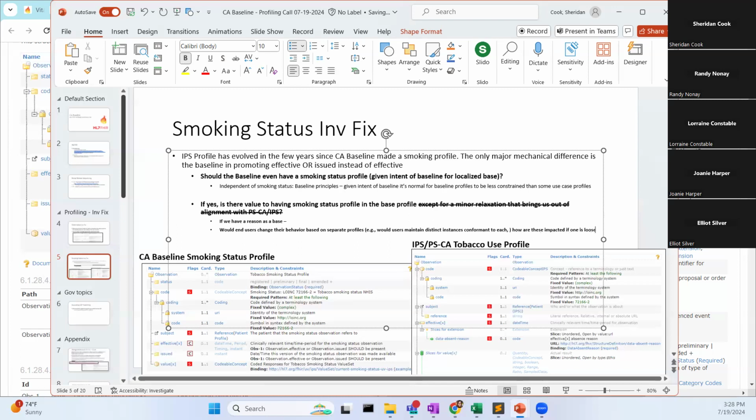Are we expecting to exchange CA baseline smoking status within Canada? Or is that the format that we're storing it in, or just the format we're transmitting it in? Because I think it changes how important it is, how loose it can be.